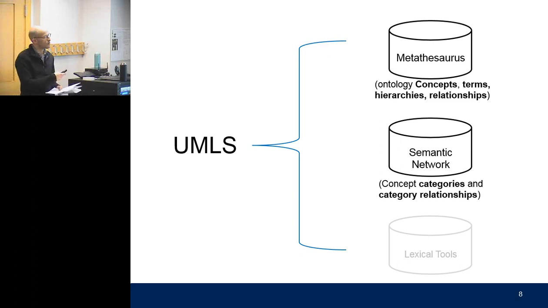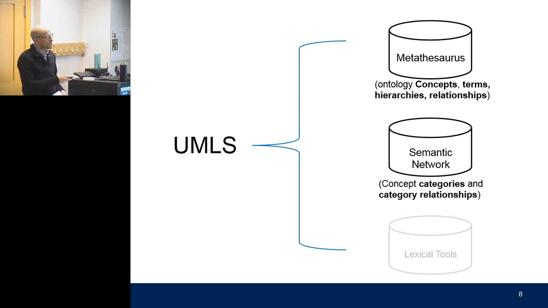So it includes ontology concepts, terms, hierarchies, and relationships from several hundred existing biomedical ontologies. Then each one of those terms is assigned a semantic category. It's basically like saying a Ford Mustang is a car or edamame is food. Every single concept within the Metathesaurus is also assigned a broader semantic heading.